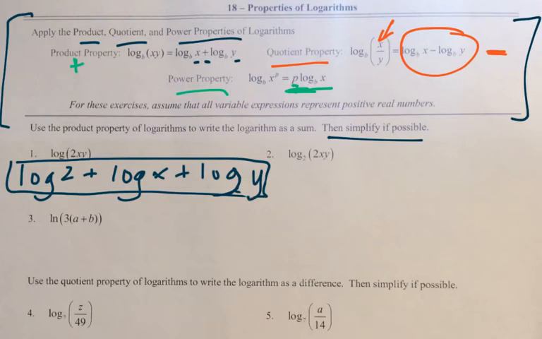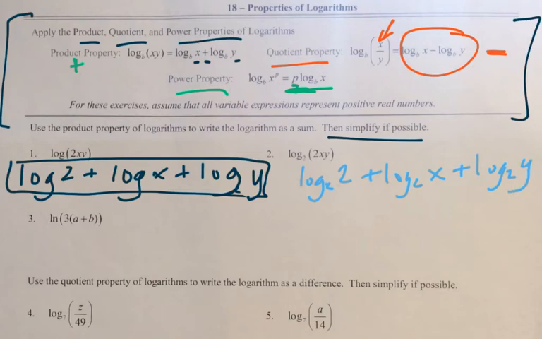For number 2, we have log base 2 of 2xy. So those look very similar, but we're talking about different bases. So when I rewrite this one, number 2, I'm going to get log base 2 of 2 plus log base 2 of x plus log base 2 of y.